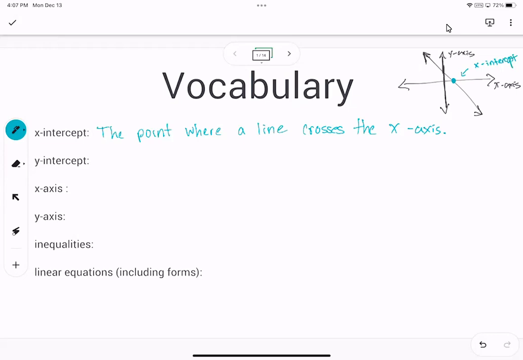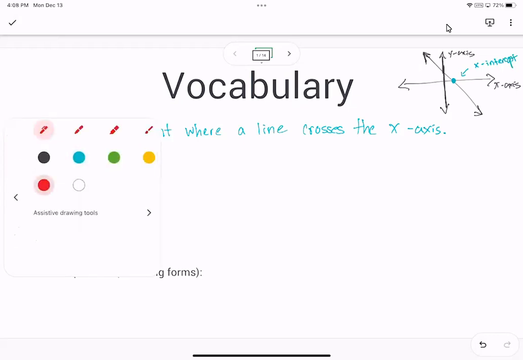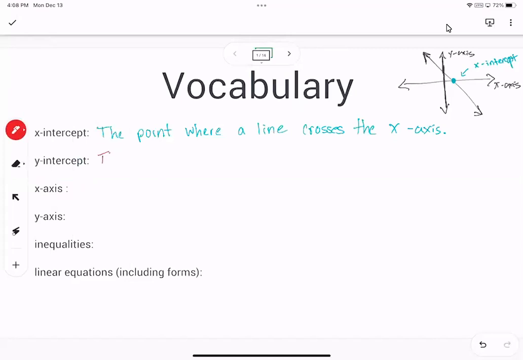Now, similarly, our y-intercept is the point where a line, now I'm going to add another word here. First we said crosses, I'm going to say intersects, which also means crosses, the y-axis.